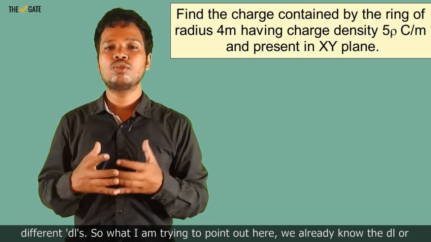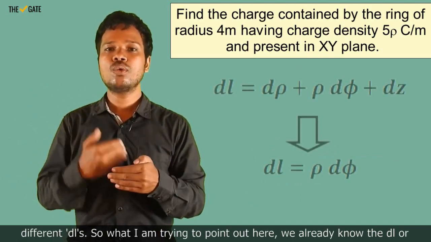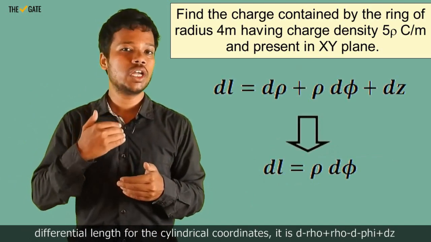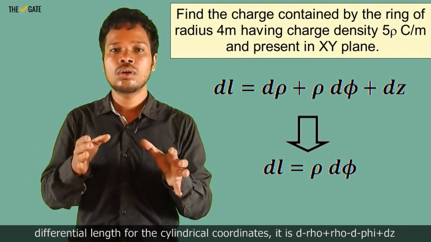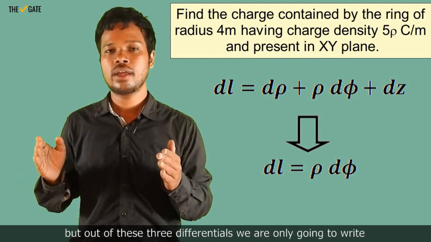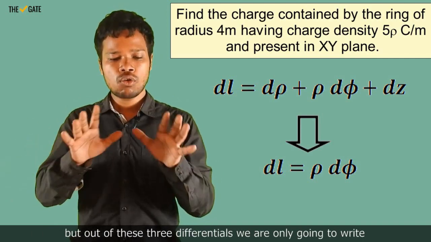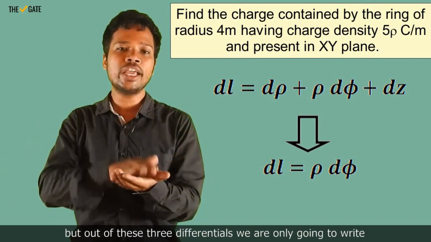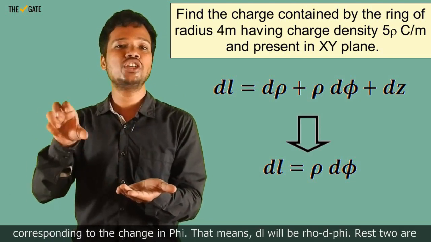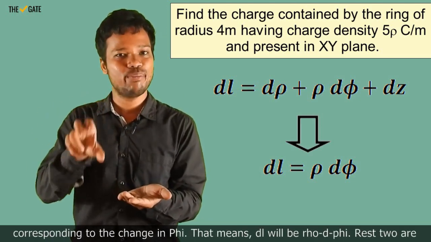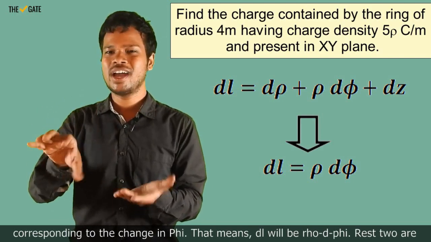So what I am trying to point out here, we already know the dl, or differential length, for the cylindrical coordinates. It is d rho plus rho d phi plus dz. But out of these three differentials, we are only going to write the one corresponding to the change in phi. That means dl will be rho d phi. The rest two are constants.